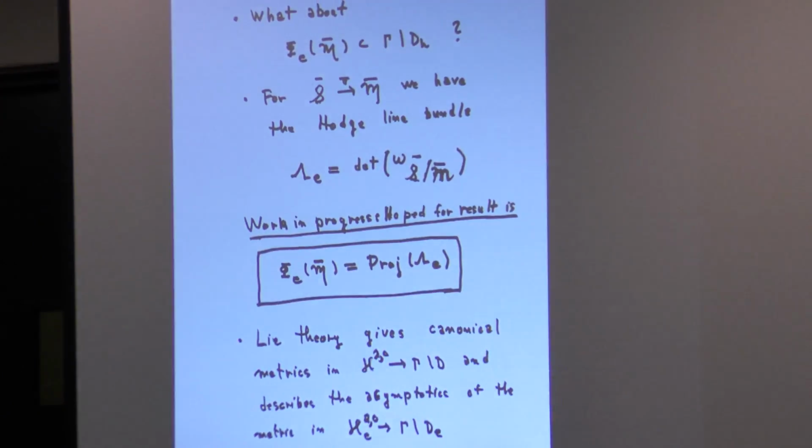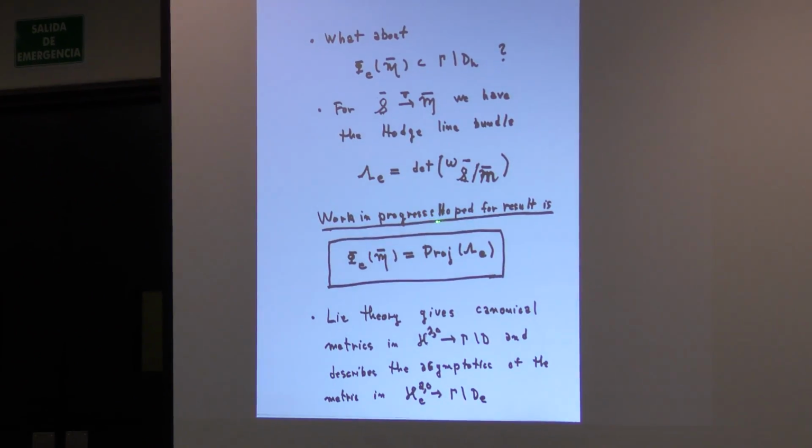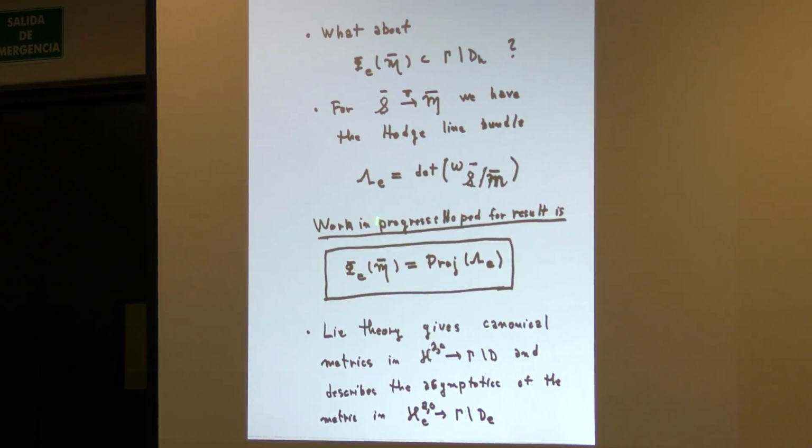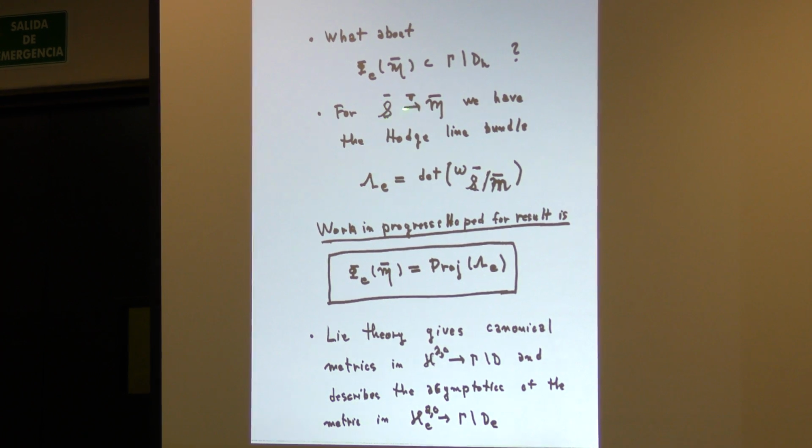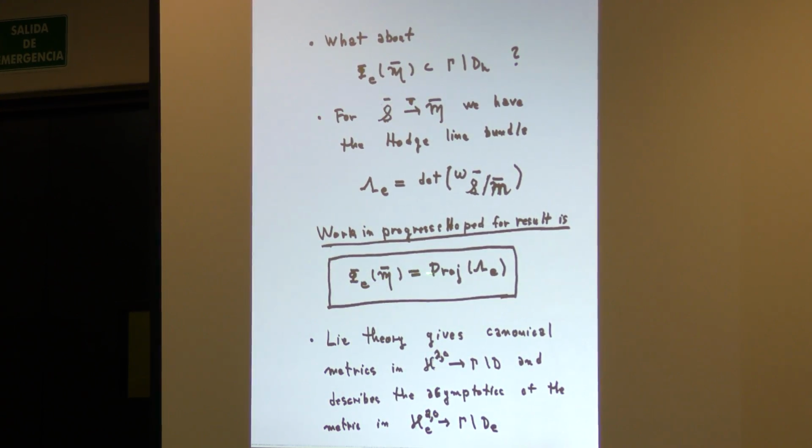That's a line bundle. And the result, which is basically proved, is that on the image of the compactified moduli space, this line bundle is ample. And this is going to be the analog of the Baily-Borel-Satake compactification. So algebro-geometrically, it's Proj of the extended Hodge line bundle.